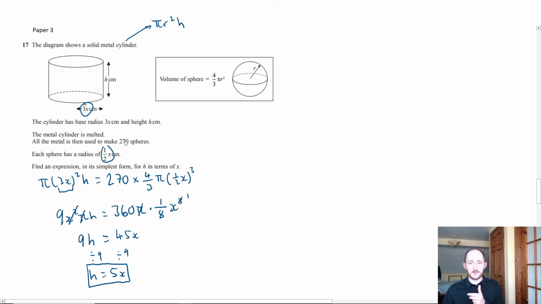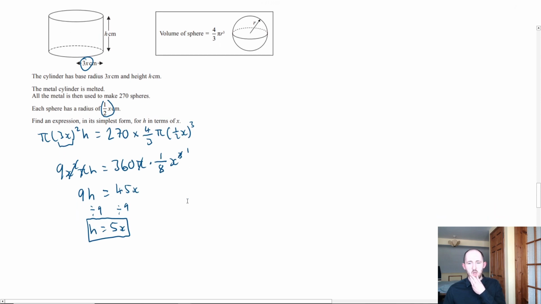And then 270 pieces of volume and so on. Okay? Getting better at non-calculator maths would be quite good as well, in terms of timesing, dividing, etc. I hope that helps, at least somewhat.